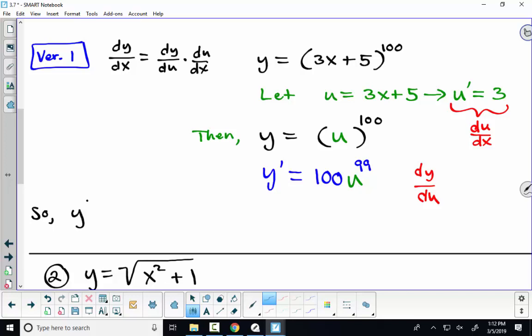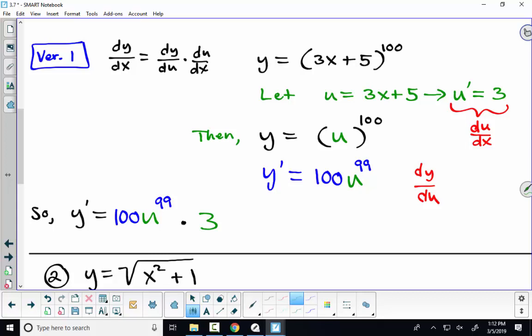So y prime is equal to dy du, 100 times u to the 99th, times u prime, which is 3. So then you have to resubstitute because we want the derivative of y with respect to x.